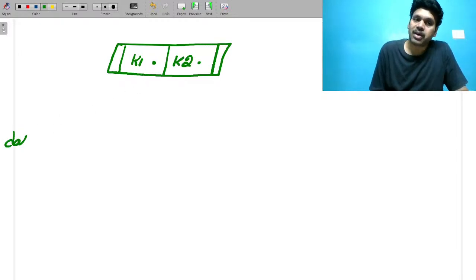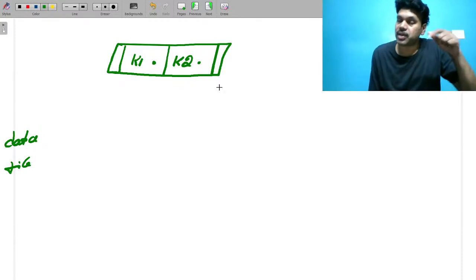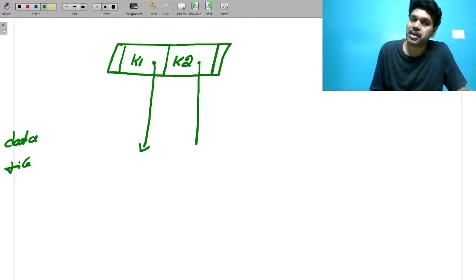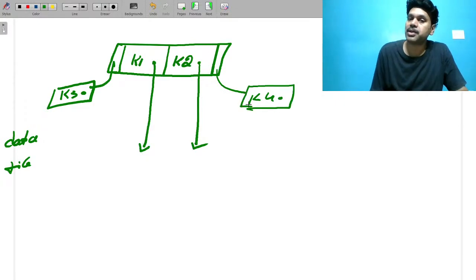Therefore, if you have a data file, what is going to happen? The length of the record pointer to your data file is going to vary. That means I'm going to have a data pointer from there to here. If I have a subtree, now what will happen? You see that this is key 3, you have one, and if I say key 4, you have one more record pointer.